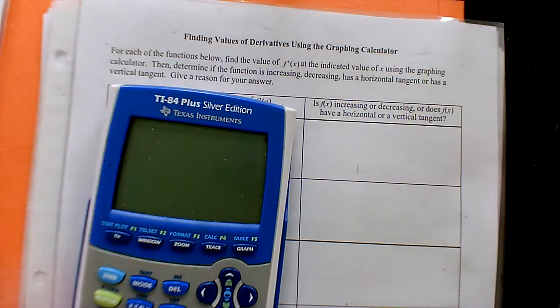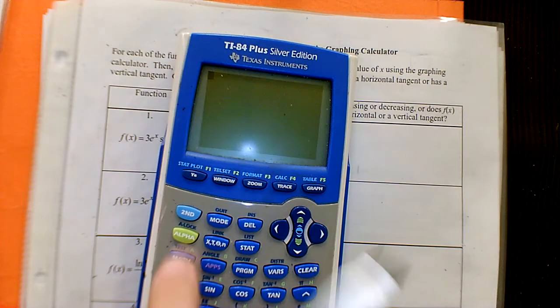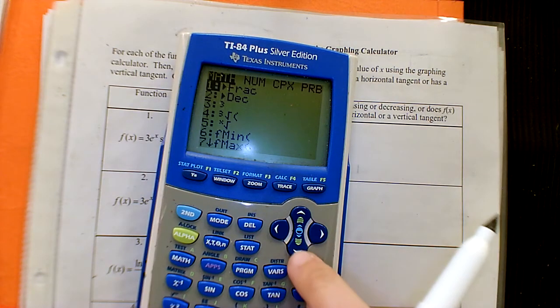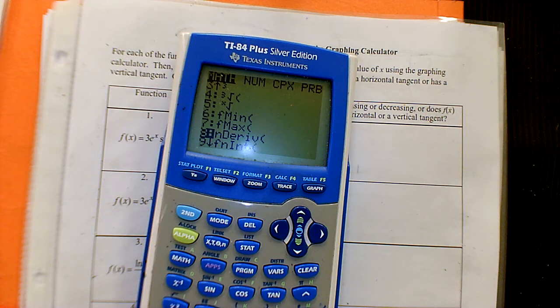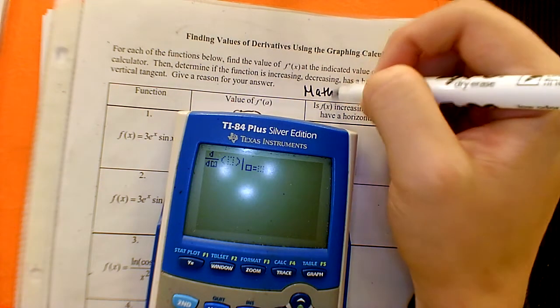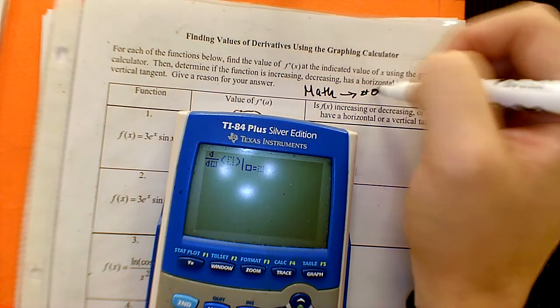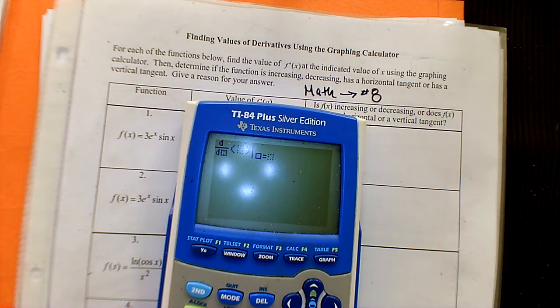So on your calculator, do me a favor and hit the math button. We're going to scroll down to number 8. Do you see how it says deriv? That's for derivative. Go ahead and select number 8. We're going to type, first of all, do we get these little boxes on our calculator?